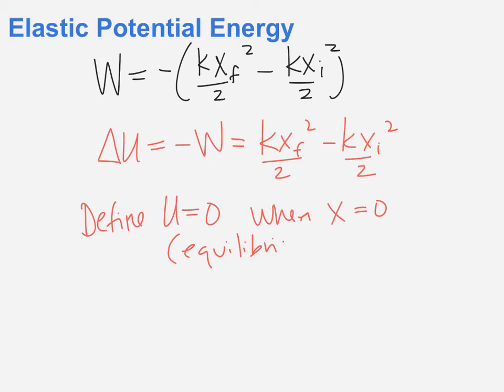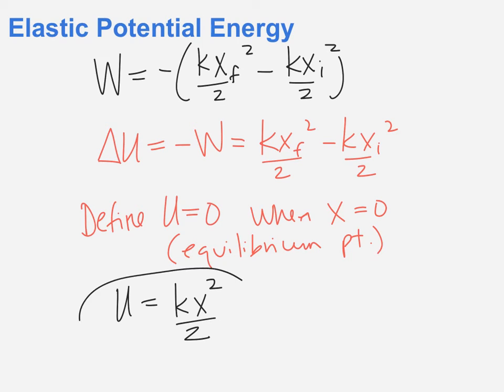And that way, if we just always work from that point, then this becomes a whole lot simpler. We can just change this whole thing into just saying that U, as a function of position, is k, that constant, not kinetic energy, the spring constant, times x, where x is how far the spring has been stretched or compressed from equilibrium, square that, and divide by 2.